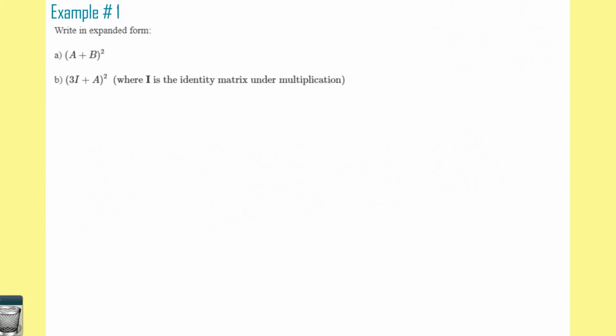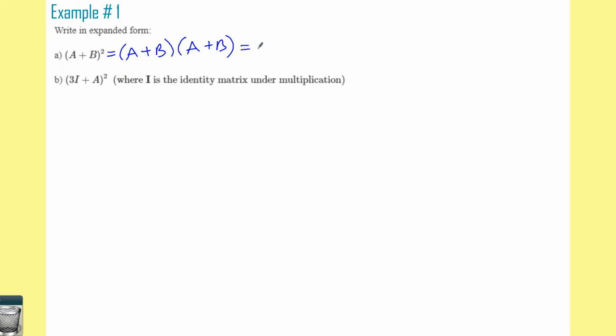All right, so let's write this in expanded form. Okay, so I want to be very clear. You cannot distribute that squared because you are adding there. So if we were to rewrite this, it's (A+B) times (A+B).